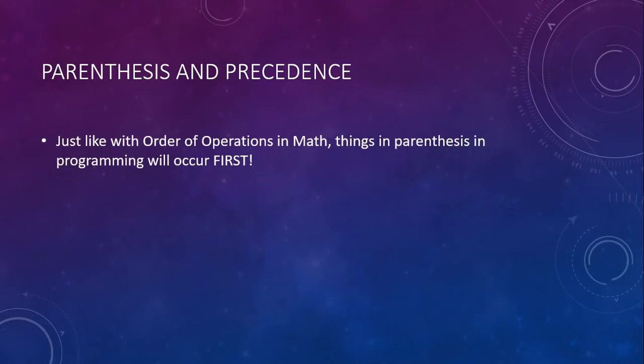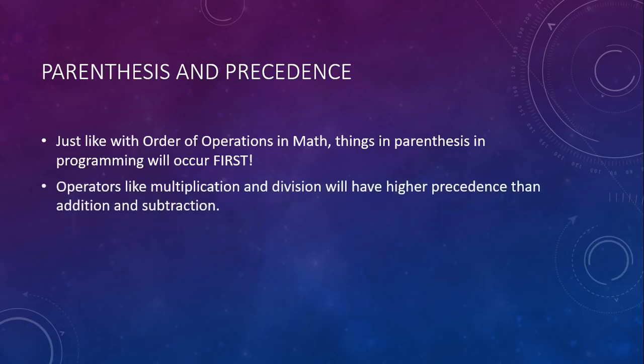Before I move on, we'll just quickly talk about parentheses and precedence. Just like the order of operations in math, things in parentheses in programming occur first. Operations like addition and subtraction are underneath that of multiplication and division, because multiplication and division have higher precedence than addition and subtraction.